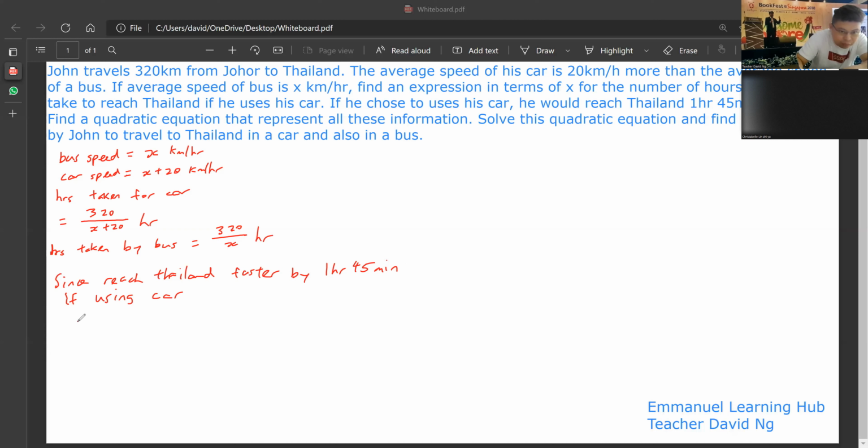This is the time taken by the car, right? Car is faster means the time is less. Correct or not? Car faster means time is less, so bus more time.